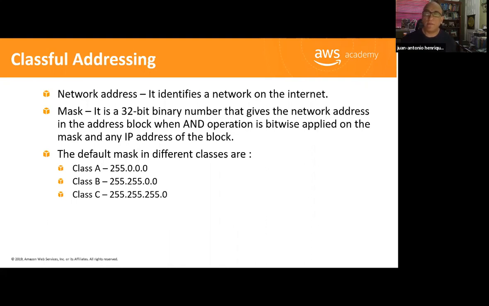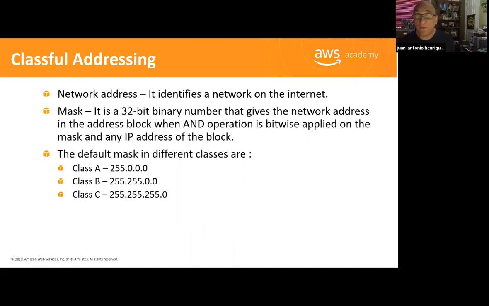briefly. It's not difficult. But with each of the classes, there are specific masks that are assigned to those classes, right? So for class A, the default mask is always 255.0.0.0. For class B, it's always 255.255.0.0. And for class C, it's always 255.255.255.0.